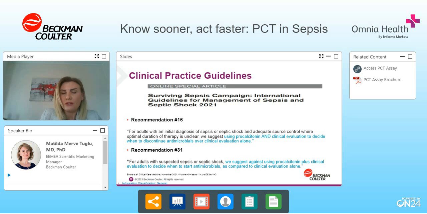And another recommendation was about using procalcitonin plus clinical evaluation to decide when to start antimicrobials as compared to clinical evaluation alone. In the guideline, it is emphasized that procalcitonin should not be used alone. Clinical evaluation should always be taken into consideration before the clinical decision.